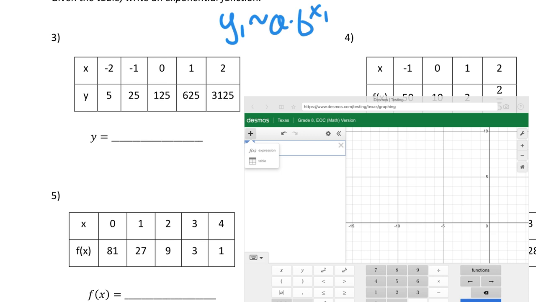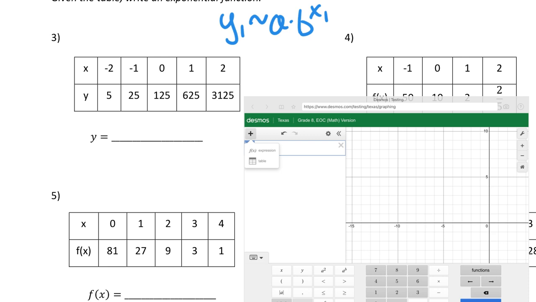Go to the row underneath it, and this is where I type in that formula. Y1 squiggly A times B, then I want to make an exponent, x1, and there you have it. Now, make sure you're in log mode. The thing about Desmos is you have to make sure it's in log mode.